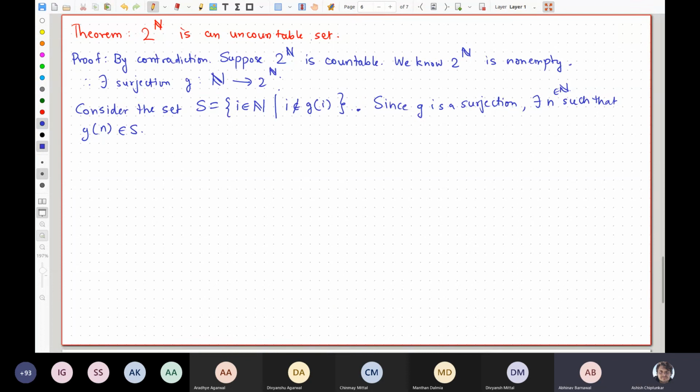Sorry, my bad, G of n is equal to S. There exists some natural number n such that G of n is equal to S.